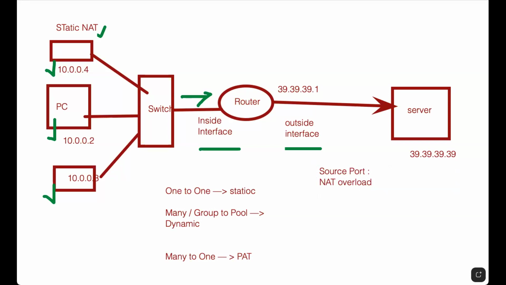Any questions with this setup, guys? Again, many internal IPs mapping to one public IP, 39.39.39.1, inside interface, outside interface, the same server. No change. Same setup, guys, but instead of having a pool of outside, we are just taking one IP.